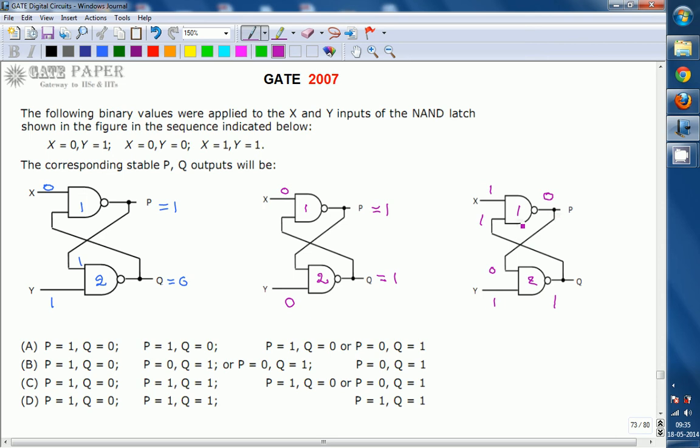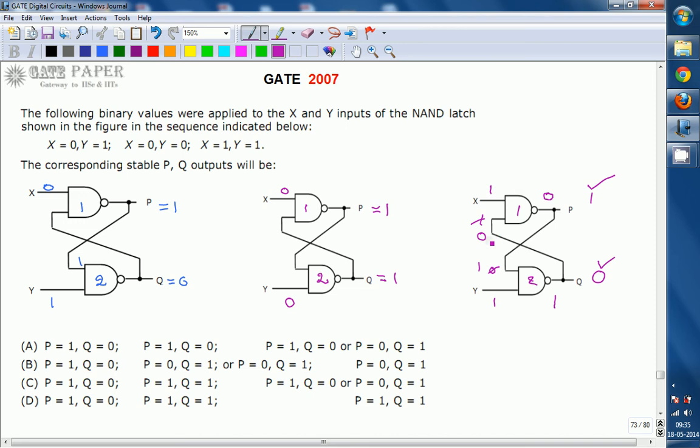Otherwise, let us assume P is equal to 1, Q is equal to 0. By that time this will become 0, and this will become 1. So for the first NAND gate the input is 0, which makes the output remain 1, and this 1 will appear over here. 1 into 1, the output of the NAND gate is 0, so it will be in the same state.